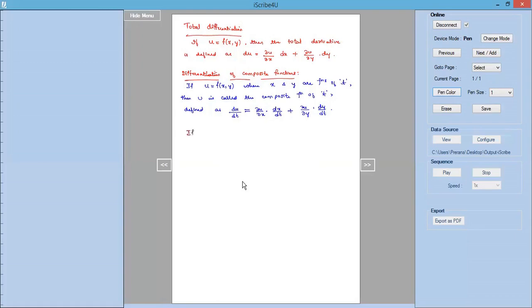If u is equal to a function of x comma y, where x and y are functions of two independent variables r comma s, then u is called the composite function of two variables r comma s, and it is defined as follows.